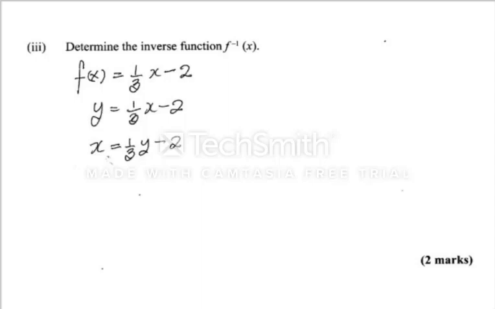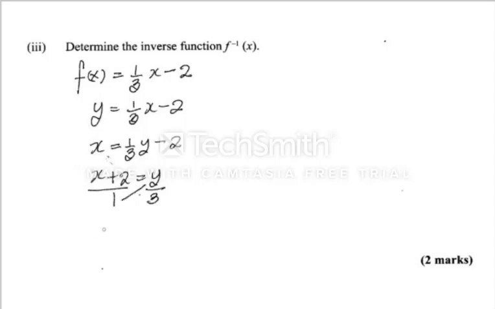The third step is to make y the subject of the formula. So that means I need to have y alone by itself on one side. So negative 2 goes over and becomes positive 2. I have x plus 2 is equal to y over 3. Remember, multiplying by a third is the same as dividing by 3. Now that I have one fraction equal to one fraction, to remove the fractions, I can cross multiply.